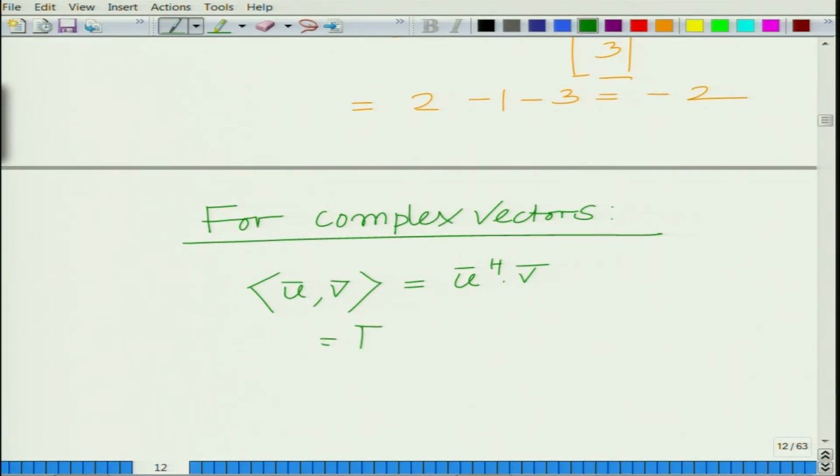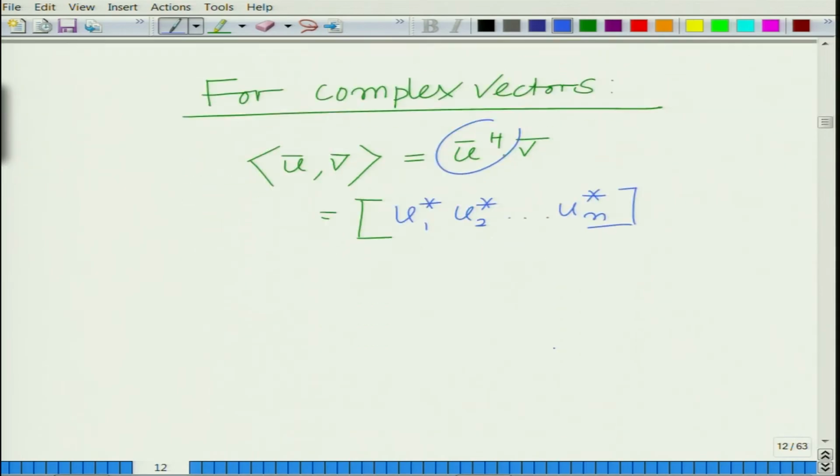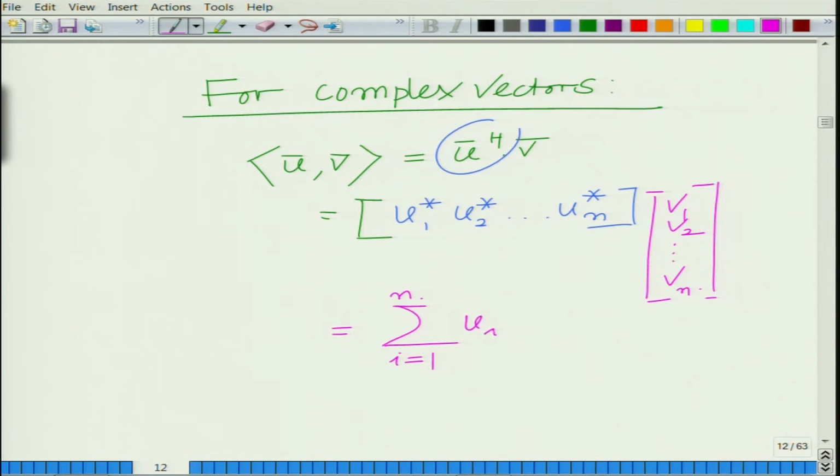That is essentially you have to take the transpose, and when you look at the Hermitian you have to take the transpose and also the complex conjugate, so u1 conjugate, u2 conjugate, un conjugate, times v1, v2, vn, that is sigma i equal to 1 to n, ui conjugate vi.